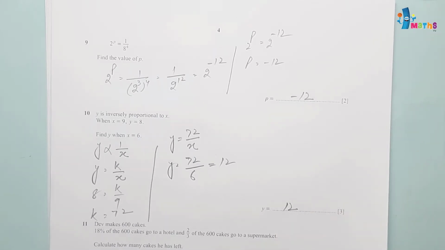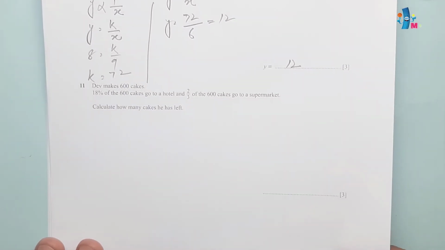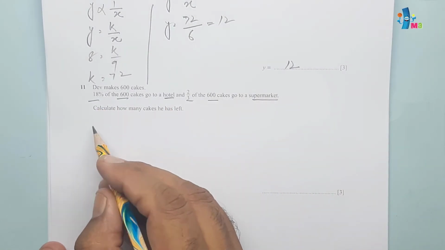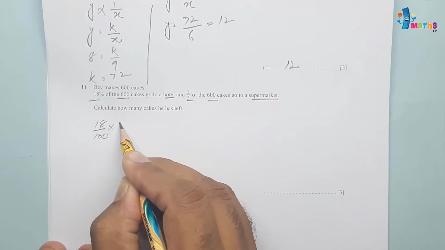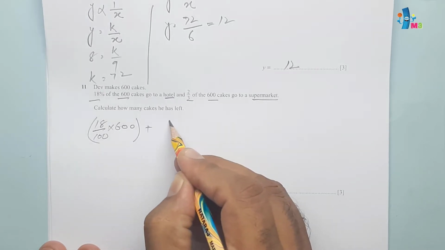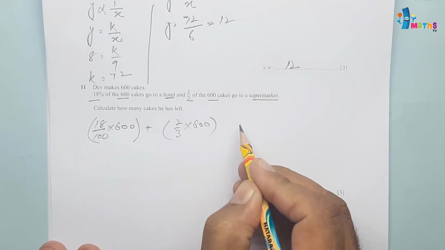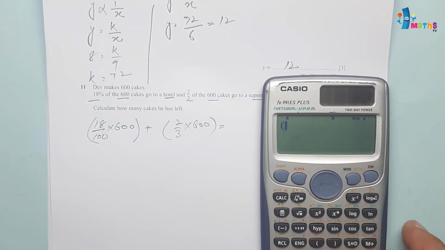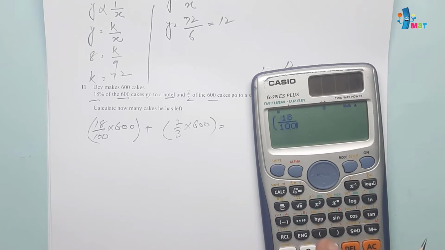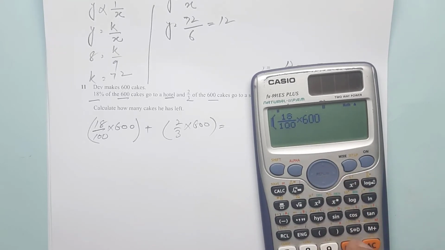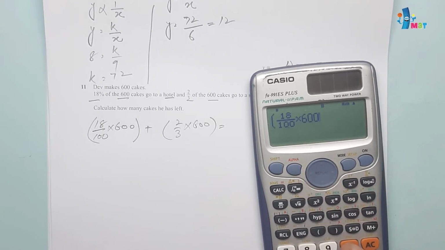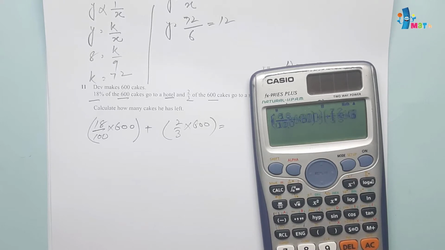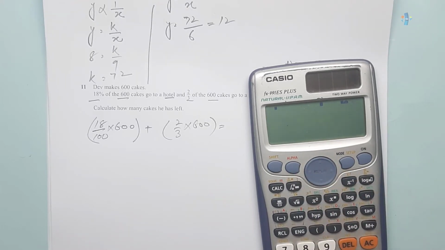Dave makes 600 cakes. 18% of 600 cakes go to a hotel, and 2 by 3 of 600 go to the supermarket. So 18% of 600 go to one location, and 2 by 3 of 600 go to another location, which is the supermarket. We calculate this as 18% of 600 plus 2 divided by 3 multiplied by 600, which is equal to 508.